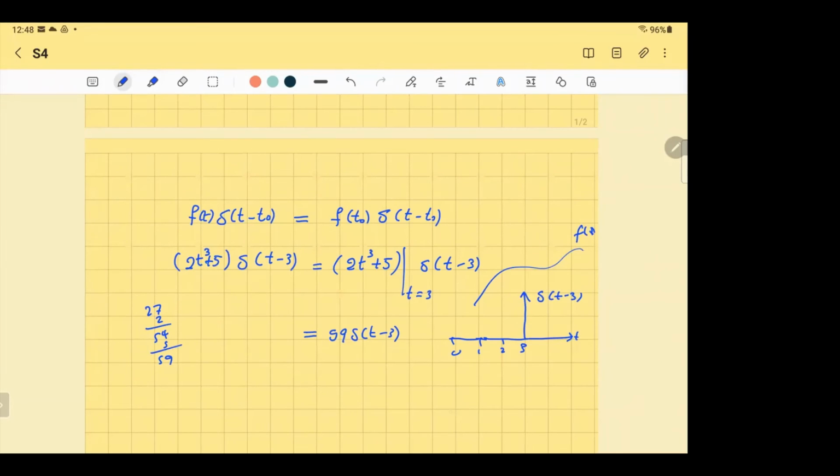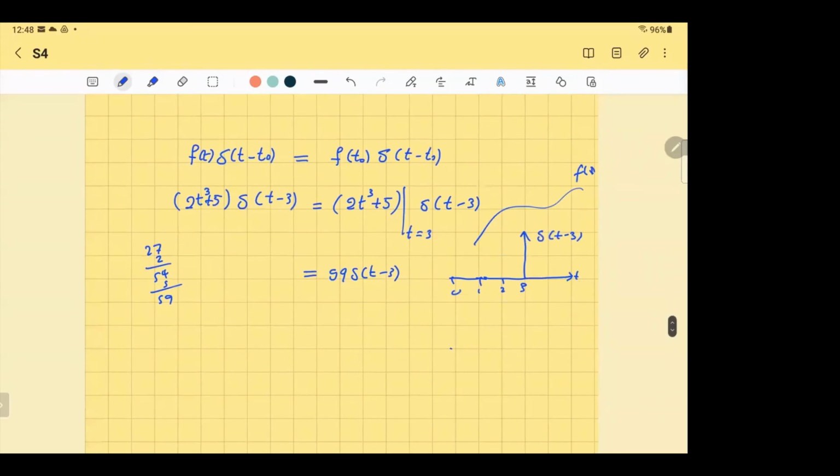The result will be this pulse, equal to 59 delta t minus 3. If you integrate it, it should give you only the value 59. Okay, so that's important to know about the pulse function.